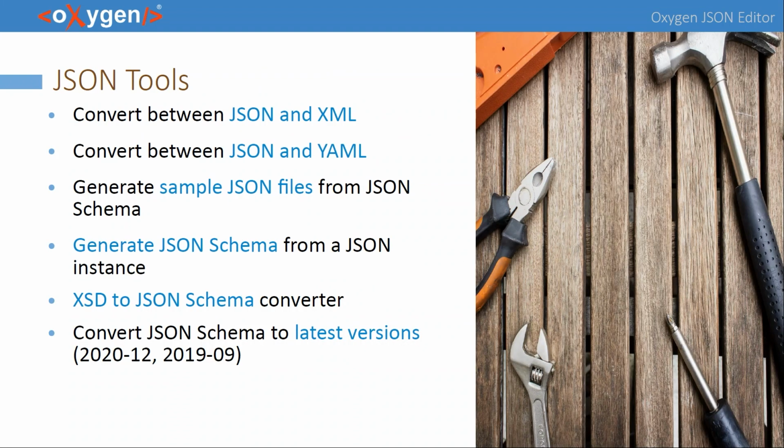Additional tools are mainly based on conversion tools between JSON and XML, JSON and YAML, and of course YAML to XML. As I told you before, you can also generate JSON schema from a JSON instance. We do it in the background when we learn structure for content completion.